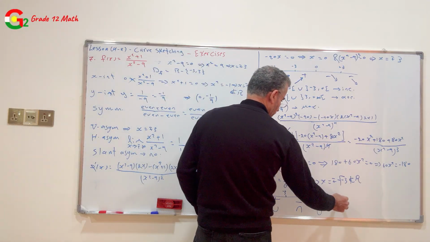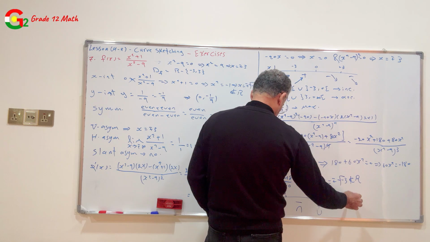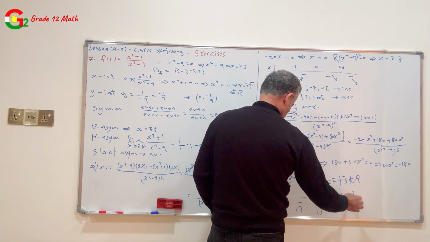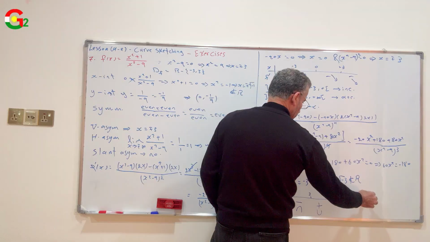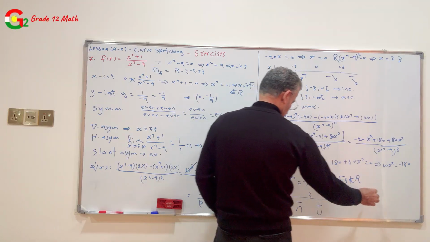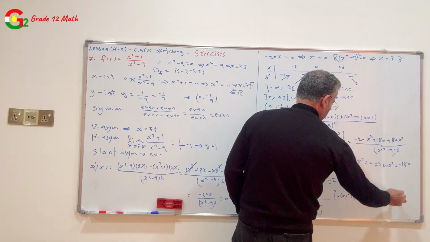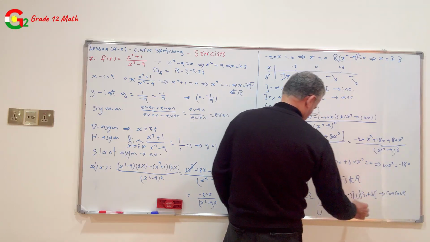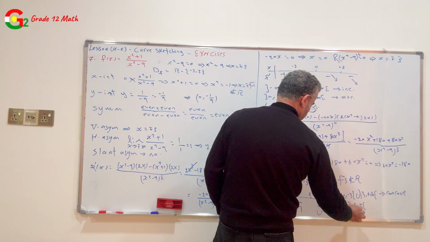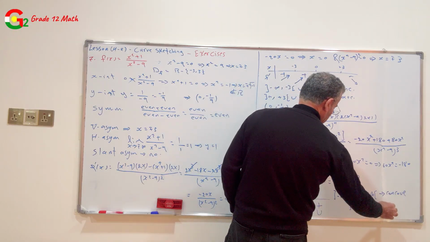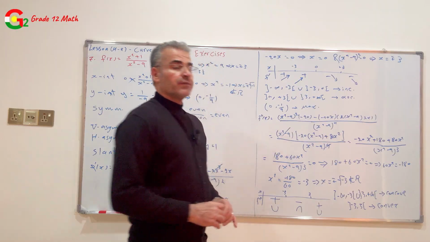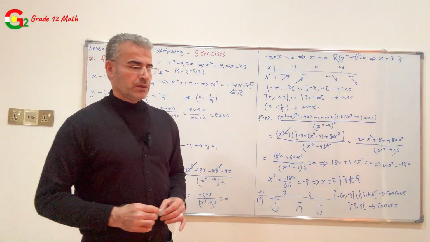Therefore, from negative infinity to negative 3, open interval, union 3 to positive infinity, the function is concave, and from negative 3 to 3, open interval, the function is convex, and the function has no inflection point.